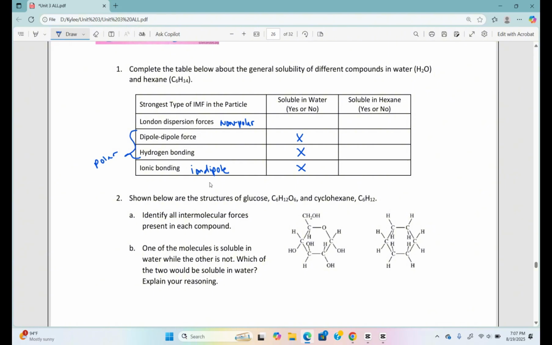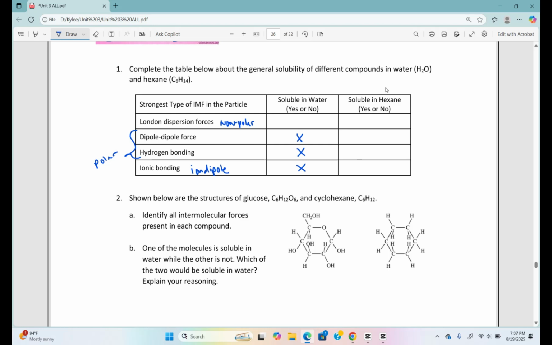So I would choose yes in solubility for anything that experiences dipole-dipole or hydrogen bonding, because those are polar. Usually when they have similar IMFs, they're going to be soluble in each other. And then ion dipole is a special situation because of the ion's interaction with water.